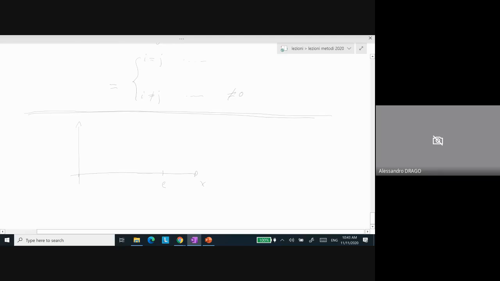And let's first introduce what is called a grid. So we divide this interval in this way, for instance, equally spaced. Not necessarily they are equally spaced, okay? There can be cases in which you prefer to have them not equally spaced. But for simplicity, let's say that they are equally spaced.